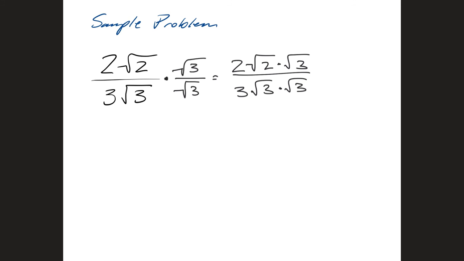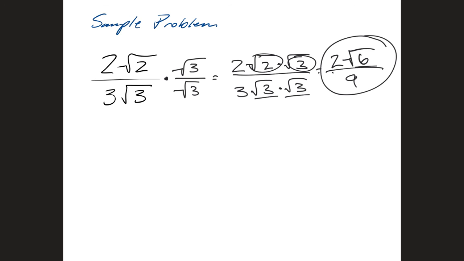Okay. So I'm going to simplify the numerator. I have 2 times the square root of 6 because root 2 times root 3 is the same as root 6. And then square root of 3 times square root of 3 is just 3. So I have 3 times 3 in the denominator, which is just 9. Final answer. I can't simplify the fraction anymore. We're done.